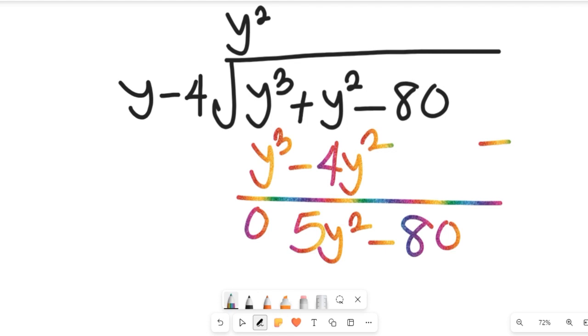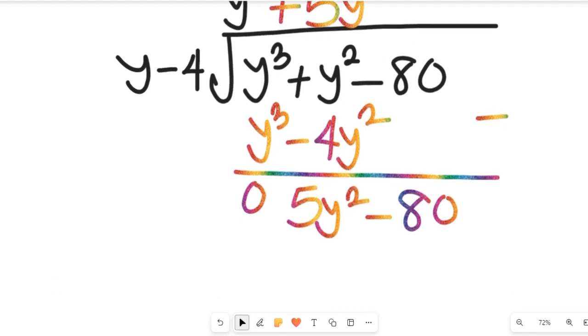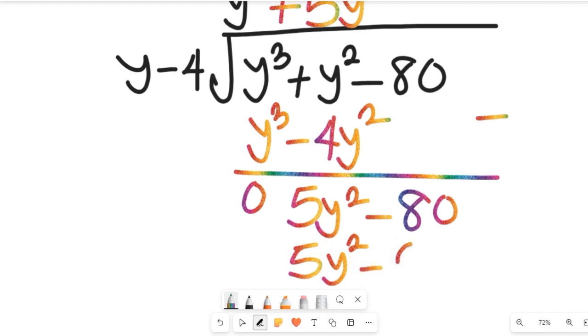Now 5y squared divided by y is going to give us a positive 5y, right? So 5y times y is going to give us 5y squared, right? Good. And then 5y multiplied by negative 4 is going to give us a negative 20y.